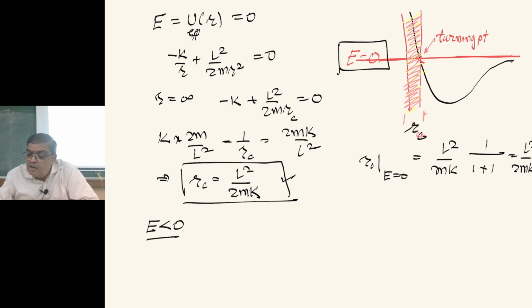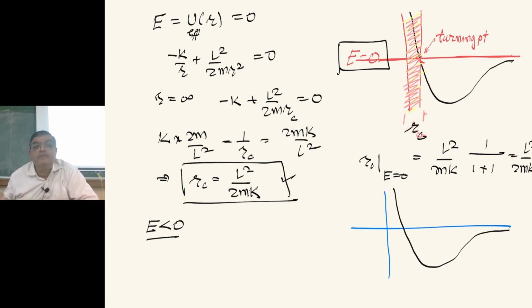Okay, so I'm interested in, let us say, this fellow. Let me redraw the graph. So here it is. I'm going to have the effective potential that looks like that.